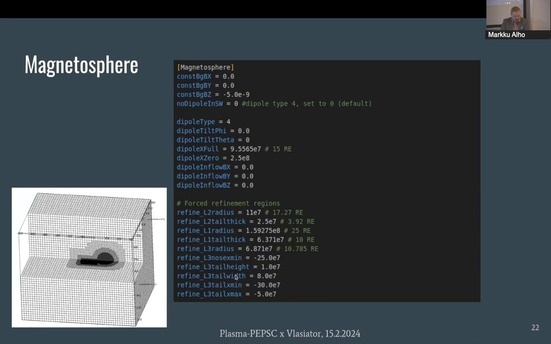And there is a tail box defined as well: a height, width, xmin, xmax. This also induces some refinements next to it.